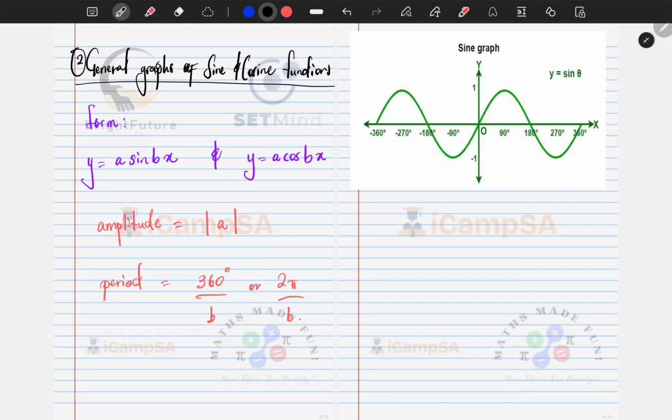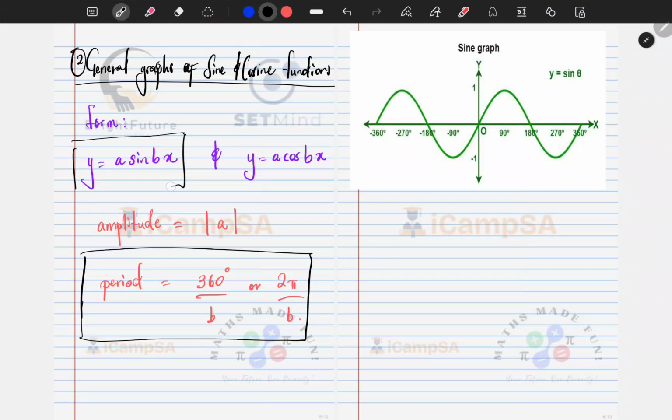So p is a factor that affects the period, and p can be anything. The reason why we use 2 pi is that it is the same as 360, but in radians. So this is what we need to know about the general forms of sine and cosine functions.